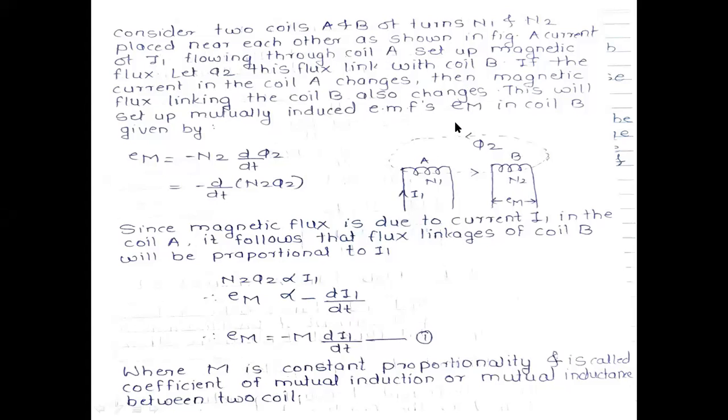This will set up mutually induced EMF, in brackets you write EM, in coil B, is given by, you write this equation.